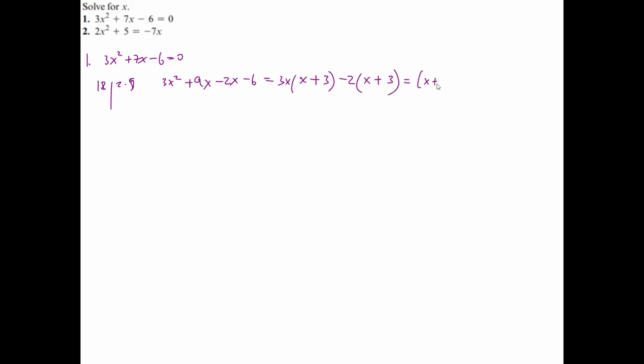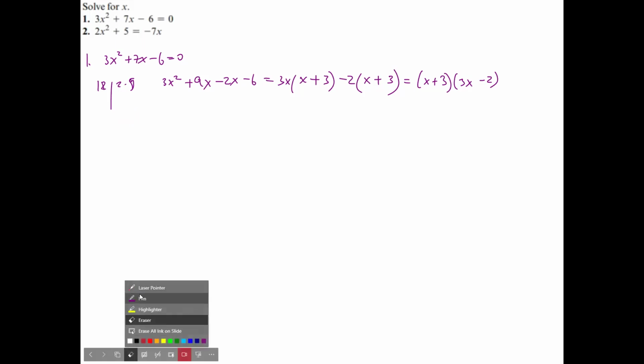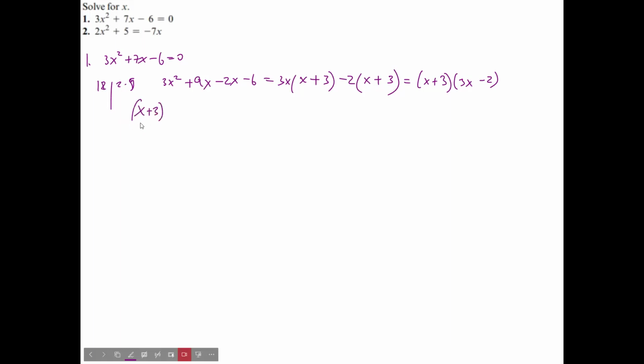So x plus 3, 3x minus 2. And therefore I have x plus 3 times 3x minus 2 equals 0. x1 is minus 3. x2 is 2 over 3.